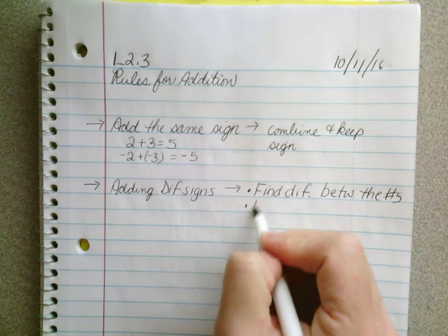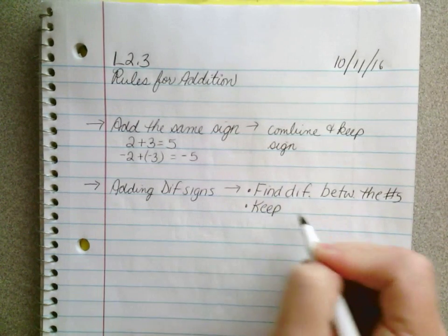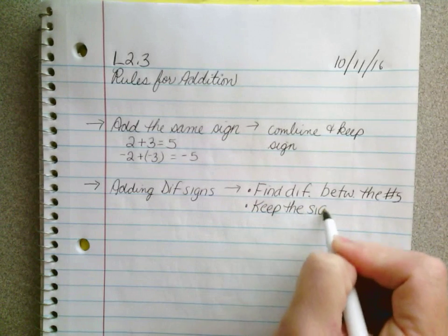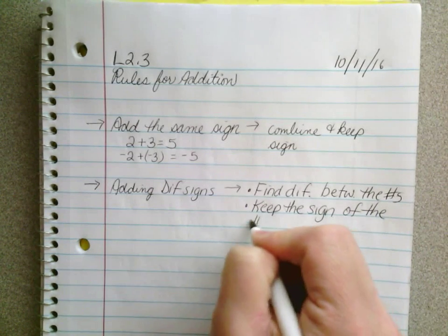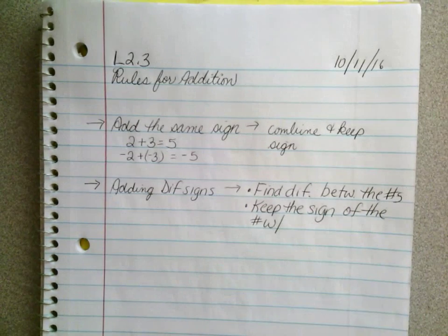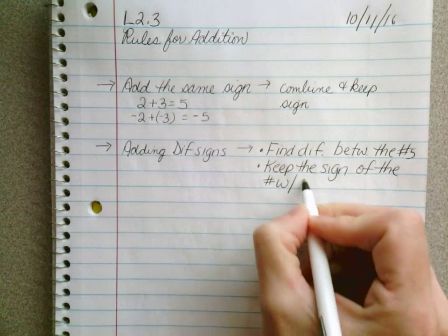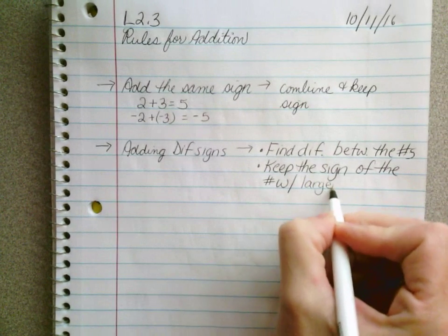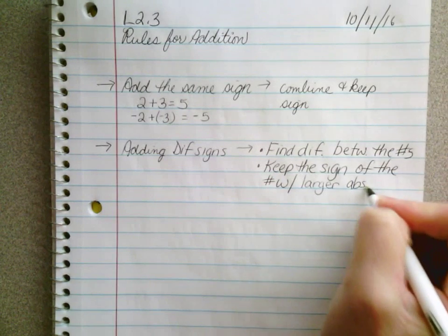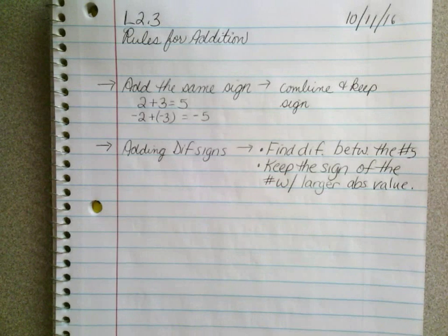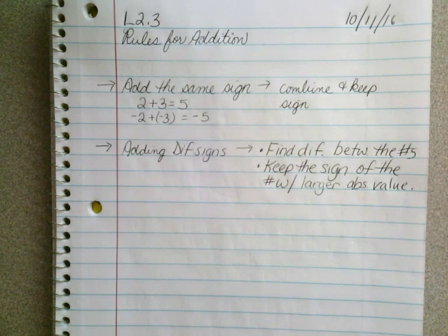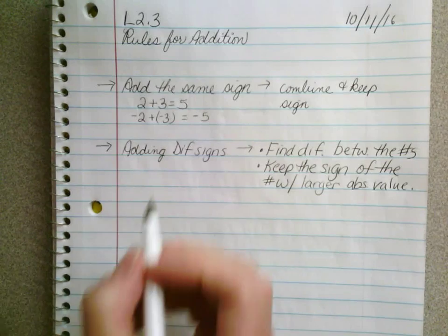The second thing is you assign the sign of the number with a bigger absolute value. And to best understand the absolute value, that's the distance that number lives from 0. So the number that lives furthest from 0 dictates what the sign will be.